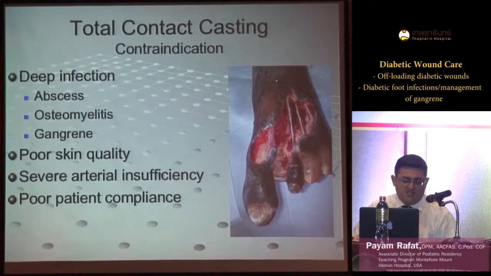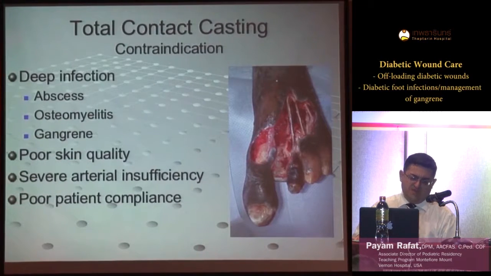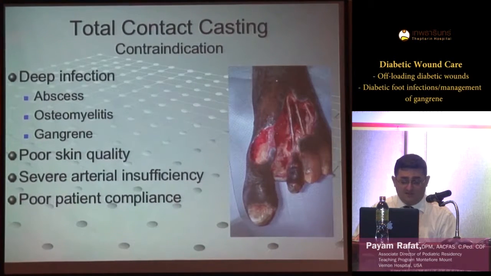Some contraindications for applying the total contact cast: if you have a deep infection, abscess, untreated osteomyelitis, gangrene, poor skin quality, severe arterial insufficiency, and poor patient compliance.